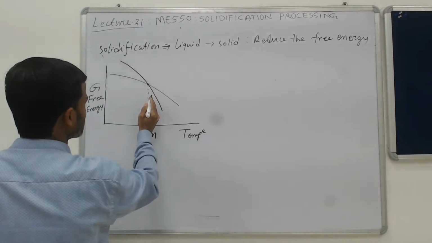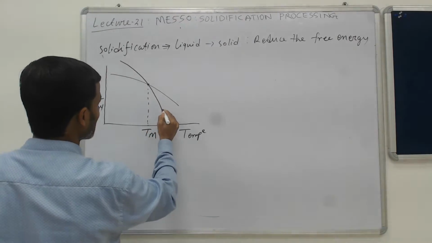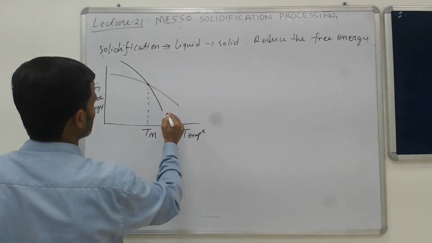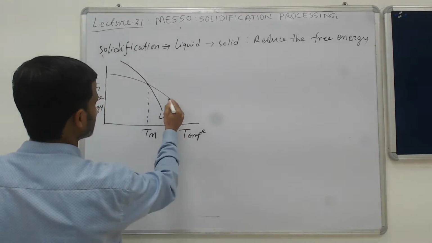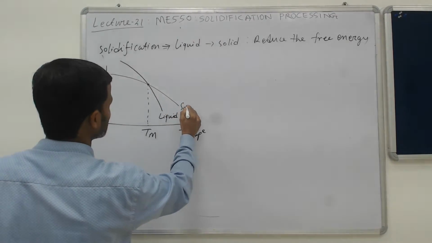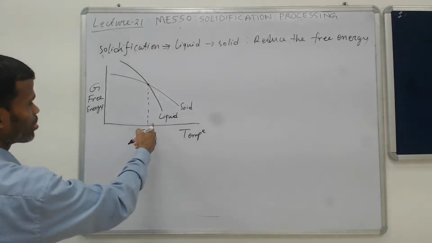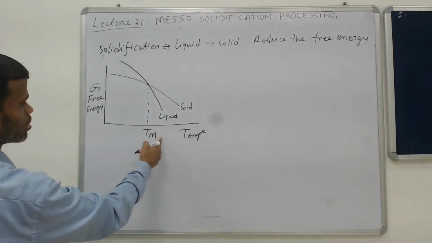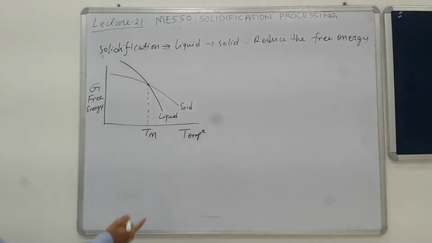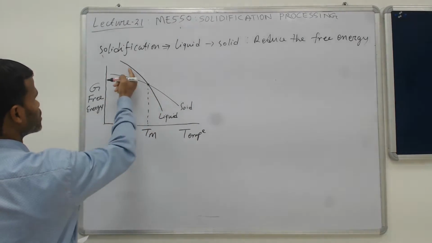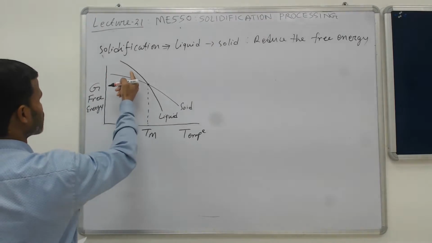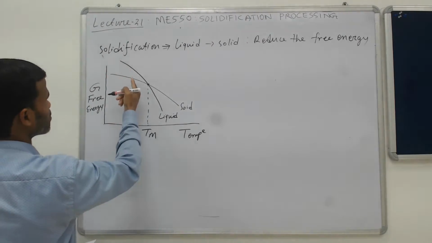Now at temperature above melting temperature, the liquid state is stable. So the liquid will have lower free energy and the solid will have higher free energy for temperature above melting temperature. Now if you consider a temperature below the melting point, the liquid has a higher free energy, so the liquid will not be a favorable state.